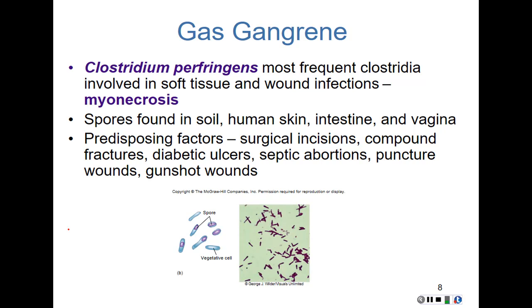But there is a very unique category of gangrene called gas gangrene. And when you think of gas gangrene, you think of this one organism, Clostridium perfringens. And the disease is also known as myonecrosis, which is basically necrosis of muscle tissue.